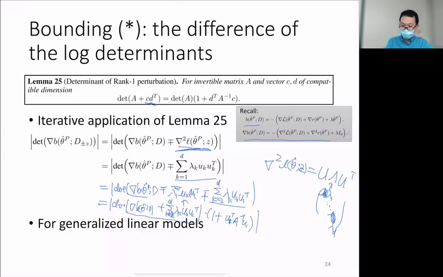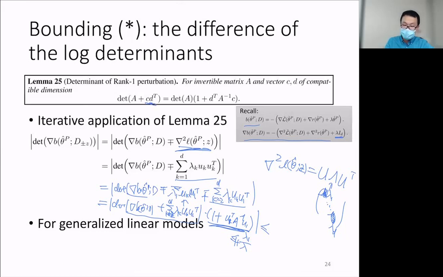What we know about this A is that it has lambda identity in it, so the smallest eigenvalue of this A matrix is larger than lambda. Therefore, we can bound this term from above by lambda 1 over the additional regularization that we add, lambda. Together with this 1 plus, we have 1 plus this quantity.